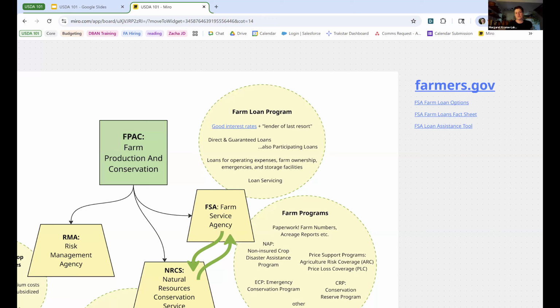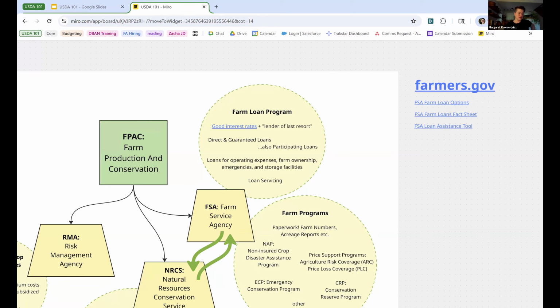Most of the farmers who call into our farmer hotline who are in crisis, it's going to be an issue of debt and access to credit, managing debt or accessing new credit, or both. And FSA has a really important role to play there. As we said, they're not the only lending agency within the federal government. SBA does loans for small businesses, rural development does loans, but this is the one that's the most focused on farming.